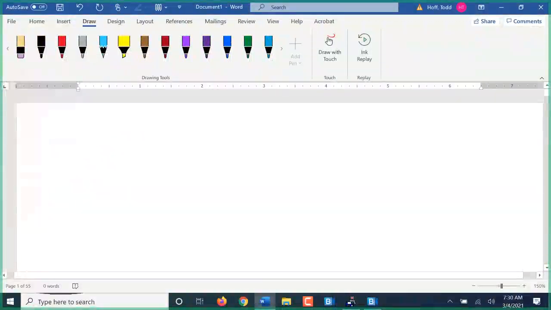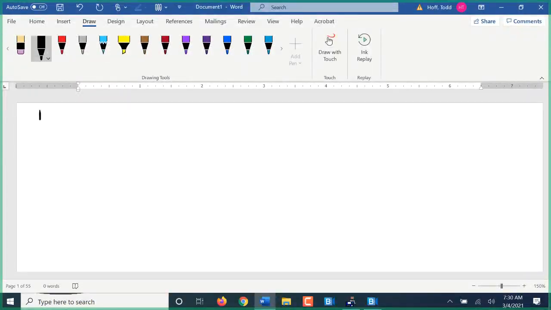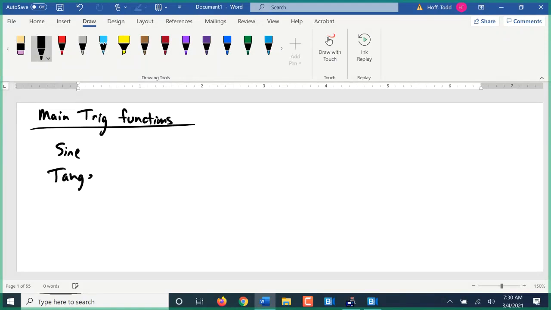Okay, so we talked yesterday about the parts of a circle and where all of those features, the sine, the tangent, and the secant came from. And so those are our main trig functions. And then we talked about the cofunctions and how those cofunctions really mean of the complement.